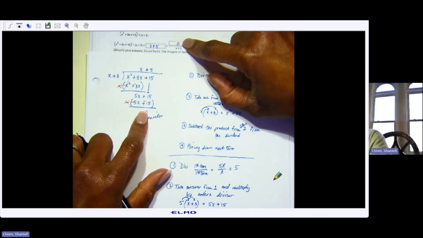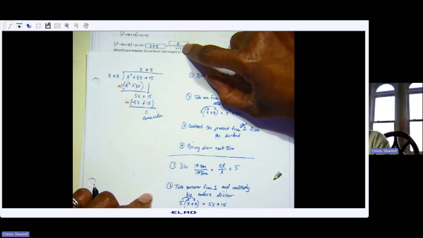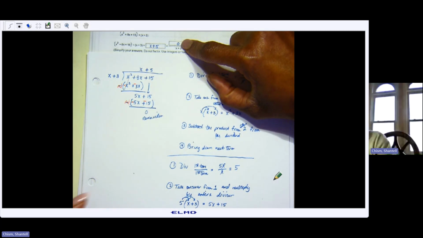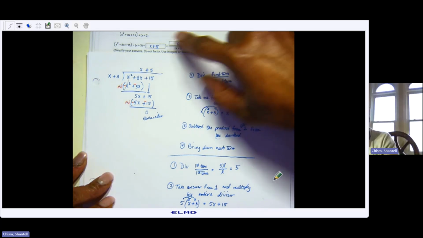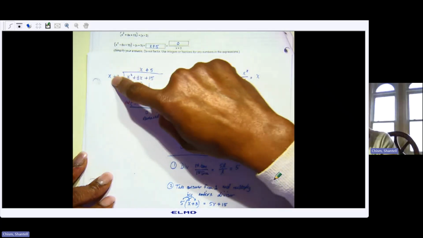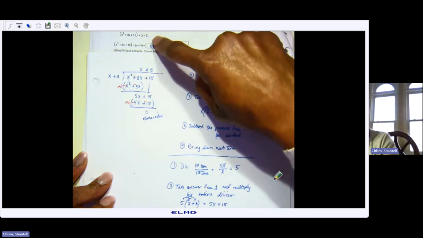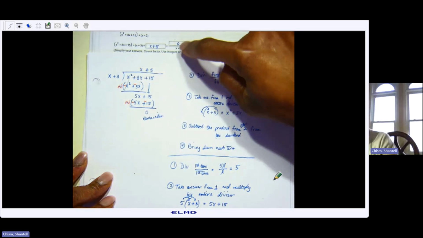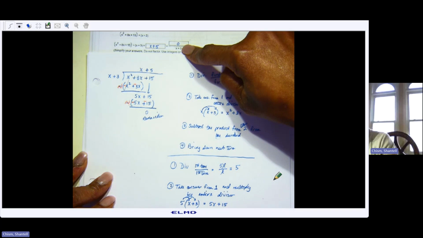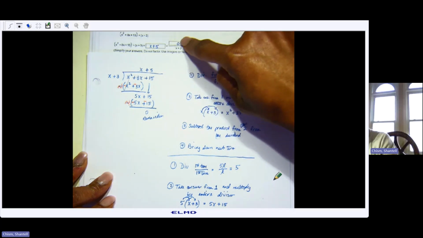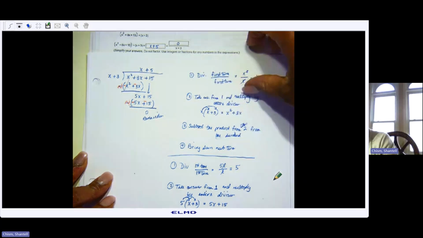If there was an actual remainder, it would be whatever it is over x plus 3. Anytime you have a remainder, you express it as a fraction. Think about how we did with arithmetic numbers. If I had a remainder, I would express it as a fraction or a portion of my divisor. So my quotient plus my remainder over my divisor. So x plus 5 plus a remainder of 0.